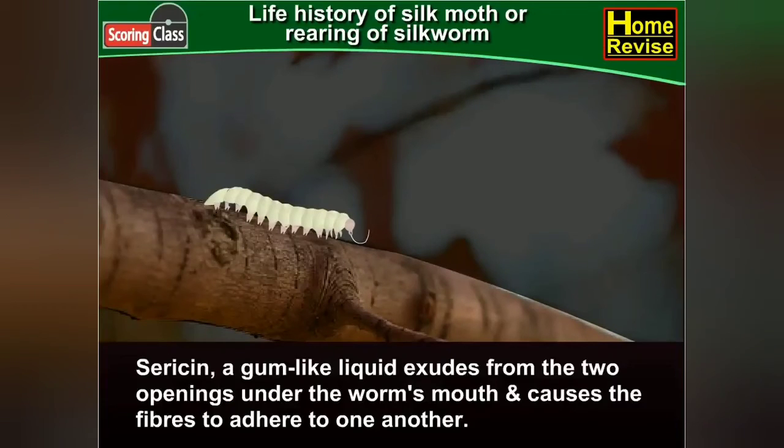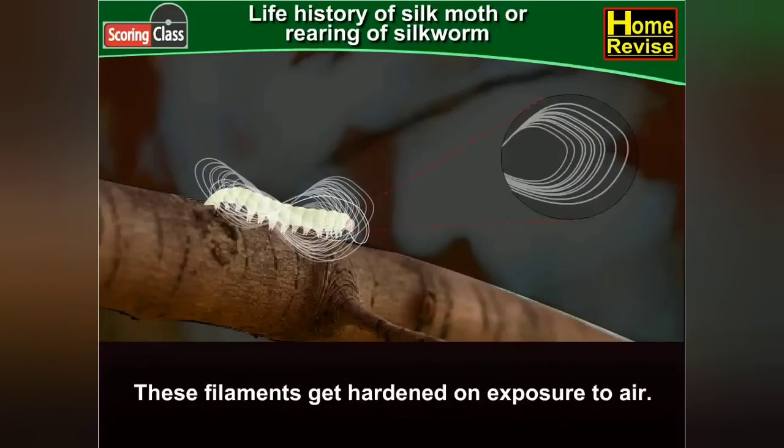Sericin, a gum-like liquid, exudes from the 2 openings under the worm's mouth and causes the fibers to adhere to one another. These filaments get hardened on exposure to air.